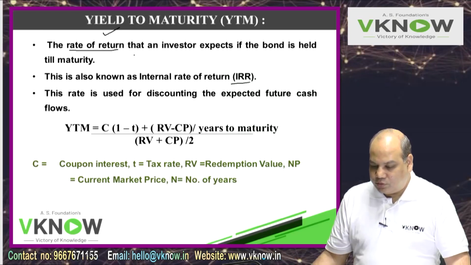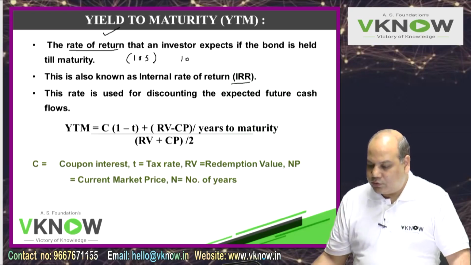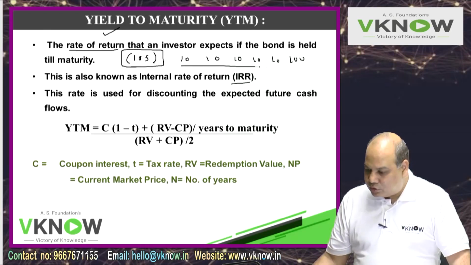Suppose you purchased a bond for 105 rupees today, and this bond pays you 10 rupees coupon. Let us say you get the 10 rupees coupon 5 times, and on maturity you will get 100 rupees only. So this is your outflow as an investor in year 0, and these are your inflows in the next 5 years.